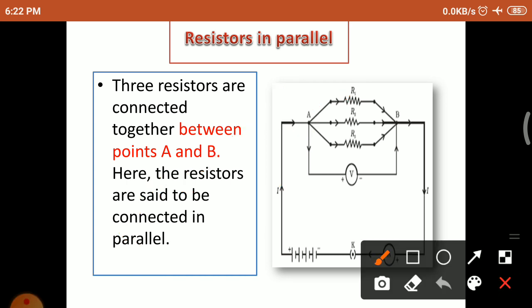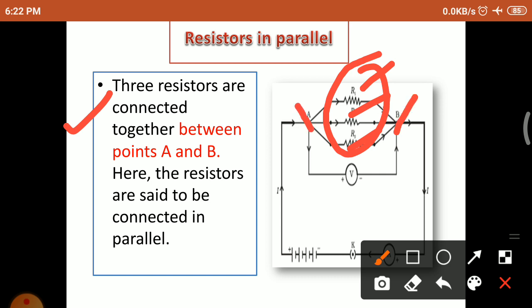Look at this definition. Three resistors, R1, R2 and R3, are connected together between points A and B. Here the resistors are said to be connected in parallel. So when the resistors are connected between two points, then the connection is said to be resistors in parallel.